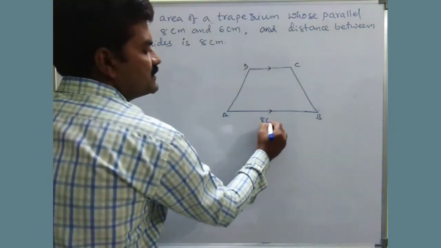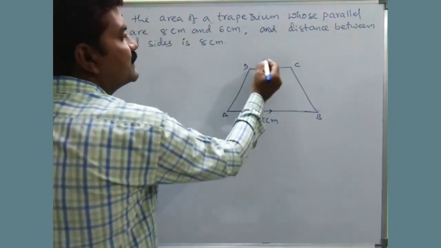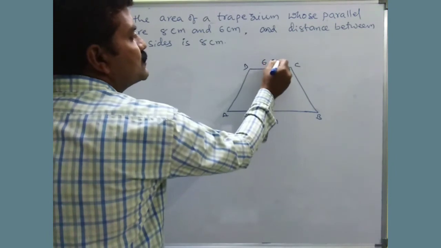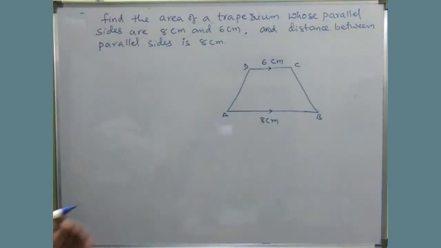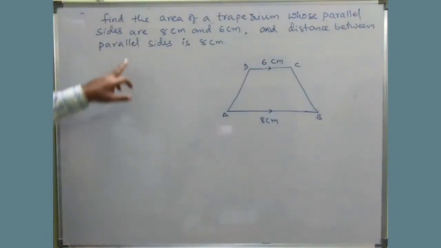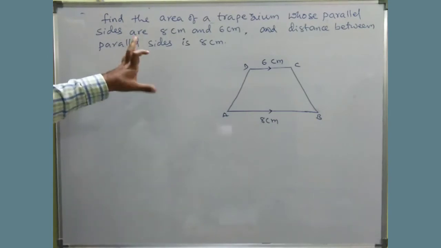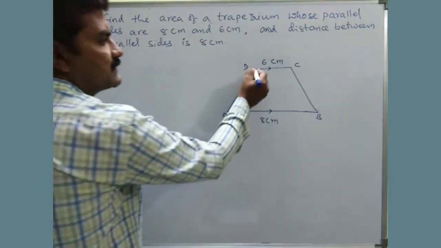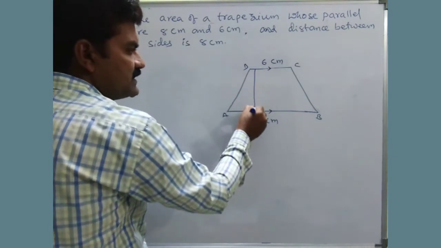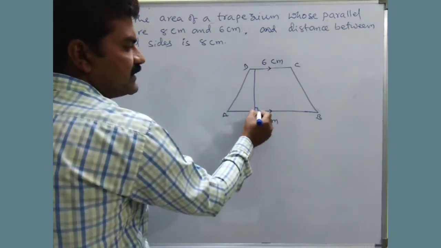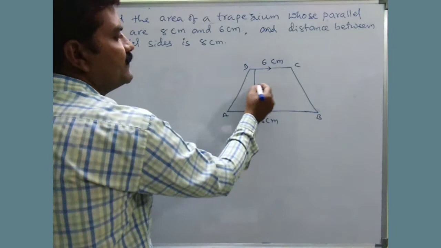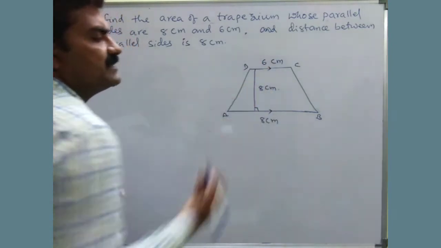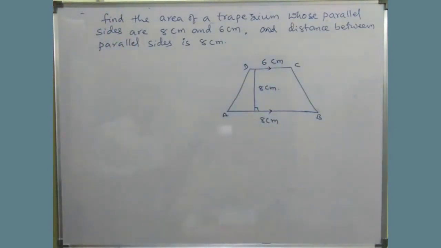So say AB is equals to 8 centimeters and CD is equals to 6 centimeters. And also provided distance between the parallel sides. You know, this is the distance between them. Nothing but height, which is equals to 8 centimeters. Okay, distance between the parallel sides can be treated as height of the trapezium.